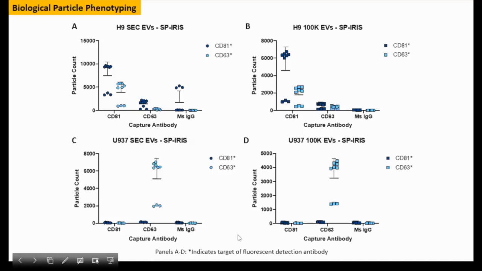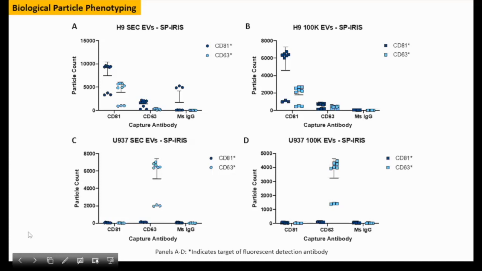which makes this platform suitable for multiplexing and fluorescence. Also of note, and this is an observation that we are seeing not only with this experiment but also with other studies, capturing EVs onto the chip via a surface marker can make those markers on the EV surface less available for subsequent binding by fluorescently labeled antibodies. So for example, I will ask you to focus with me on panel A and the light blue dots.